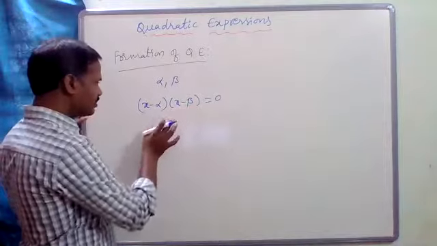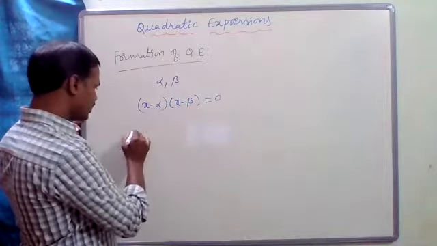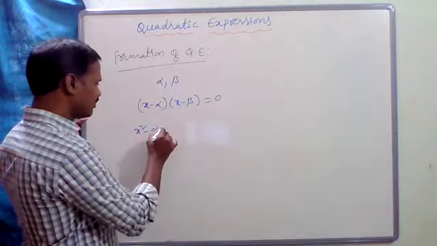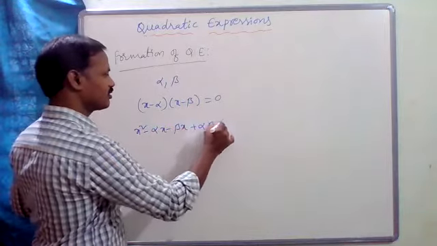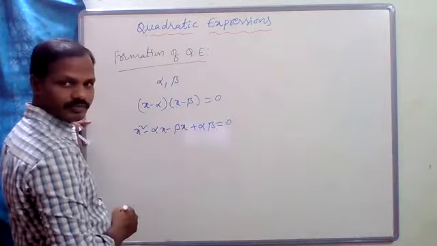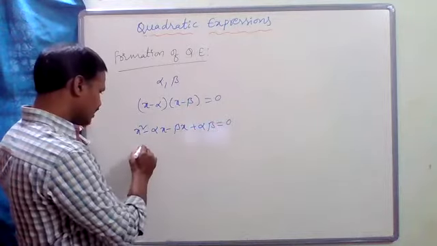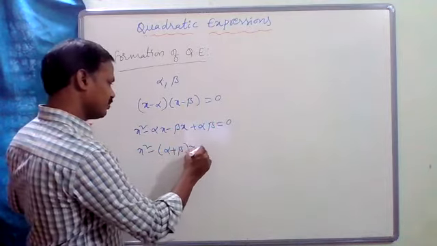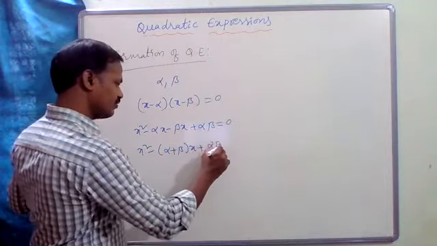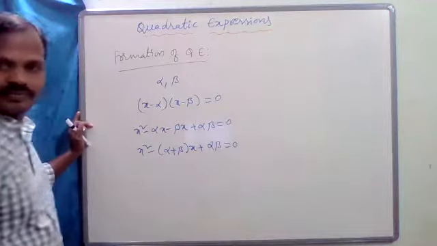Now simplify this: x square minus alpha x minus beta x plus alpha beta equal to 0. Now this is x square minus alpha plus beta into x plus alpha beta equal to 0.